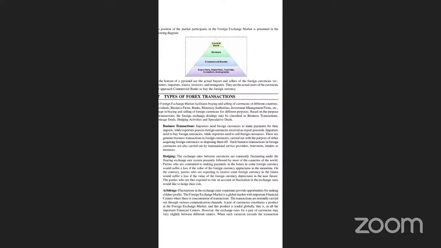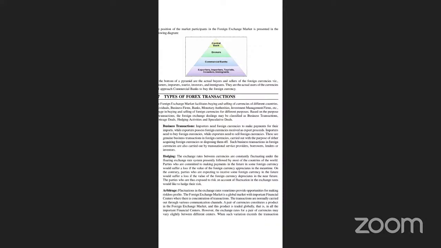And next we have hedging. Exchange rates between currencies are constantly fluctuating. They increase or decrease. Now, under the floating exchange rate system presently followed by most of the countries of the world, parties who are committed to make payments in the future in some foreign currency would suffer a loss if the foreign currency appreciates in the meantime.